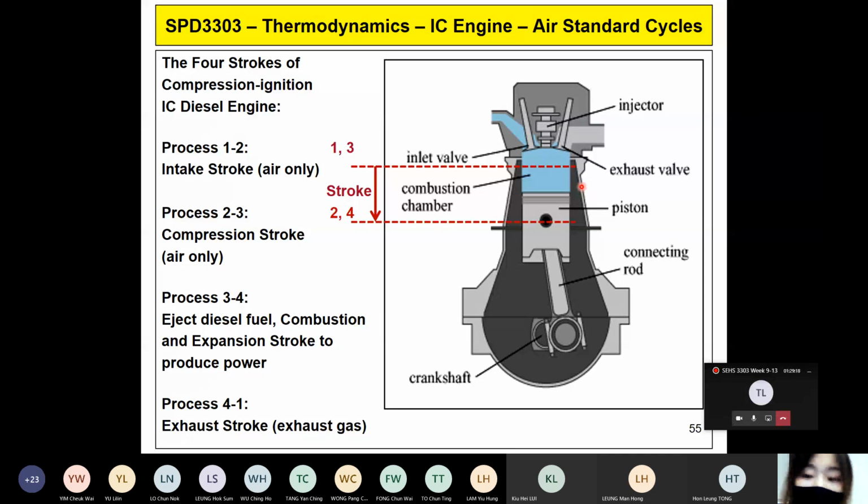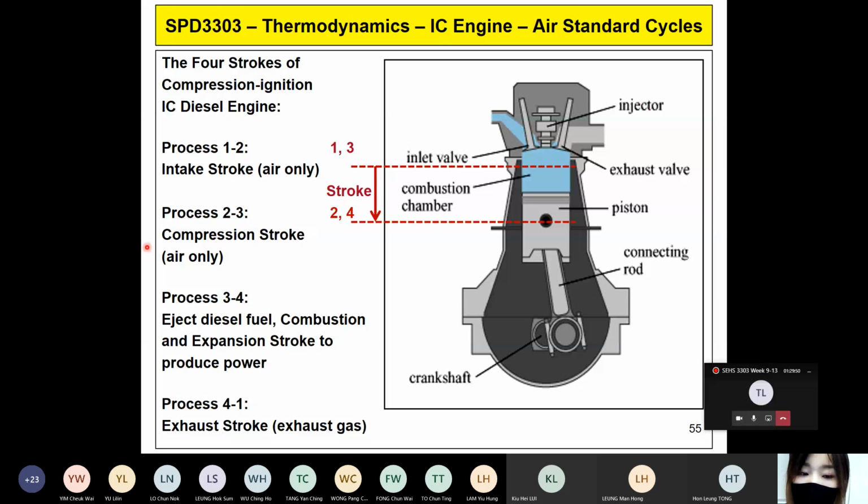You should pay attention here. In the intake stroke, we draw air into the cylinder only. We use air only. In a gasoline engine, we use a mixture of fuel and air. And instead of using a spark ignition system, we use an injector to inject the diesel fuel.